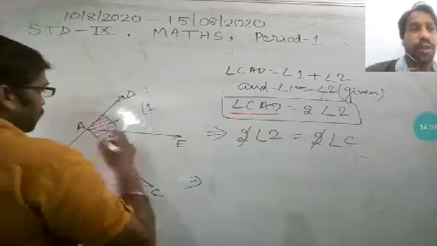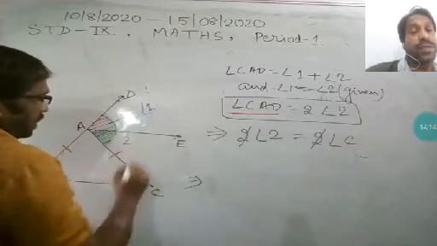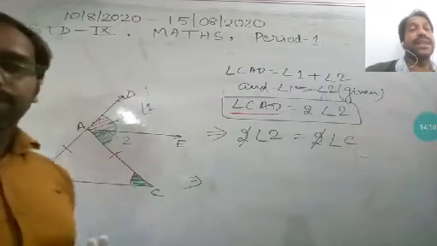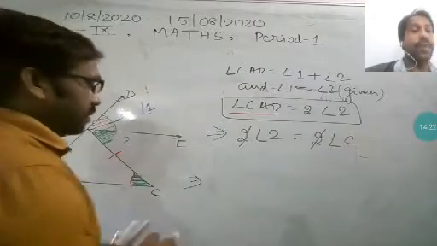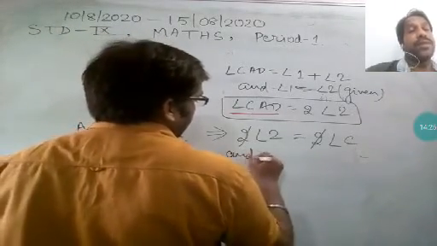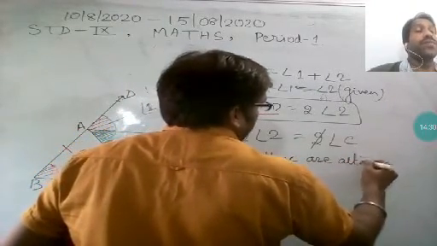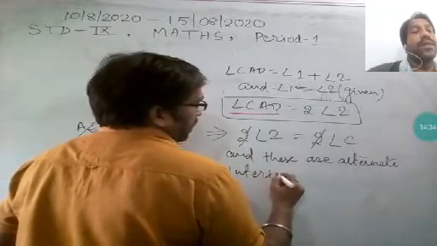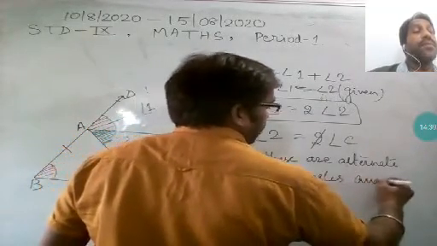Sometimes we have to observe the situation, how the question will be solved, how we will come to know, okay, this will be my solution. So see here, these green parts are forming the alternate angles. So these angles are equal. Since the alternate angles are equal, the lines are parallel.